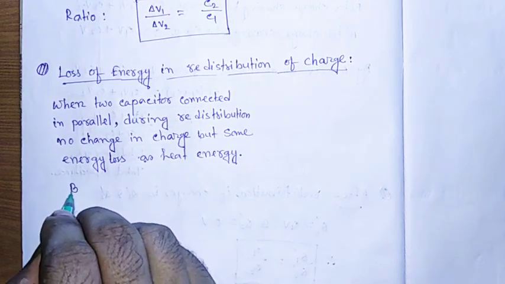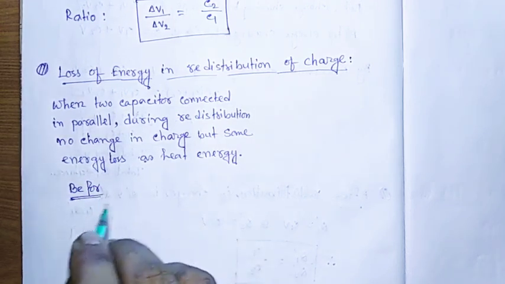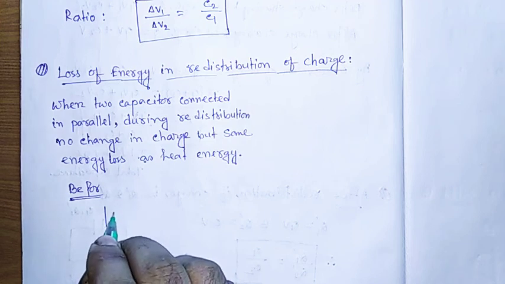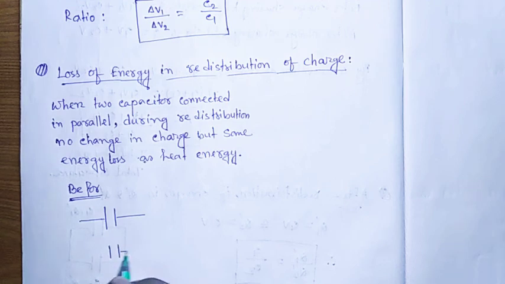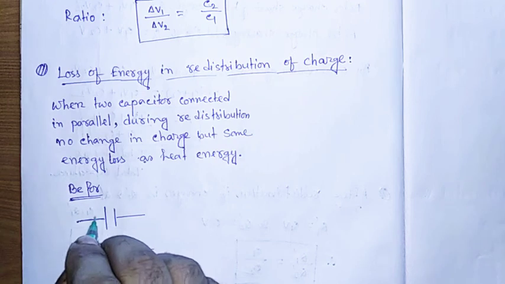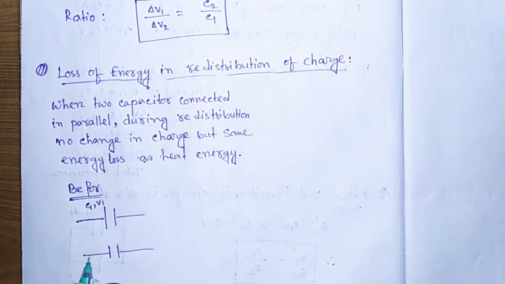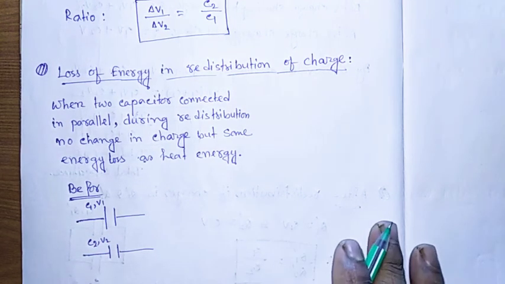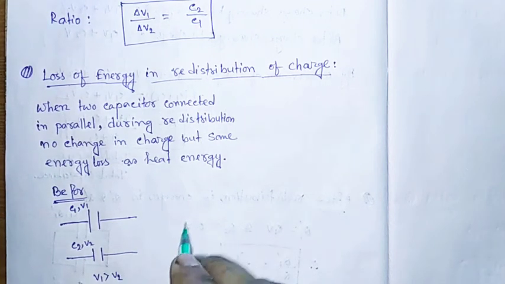So before the connection, here I have two capacitors, capacitance C1, potential V1, and here capacitance C2, potential V2. Here V1 is greater than V2, which we consider throughout the derivation.